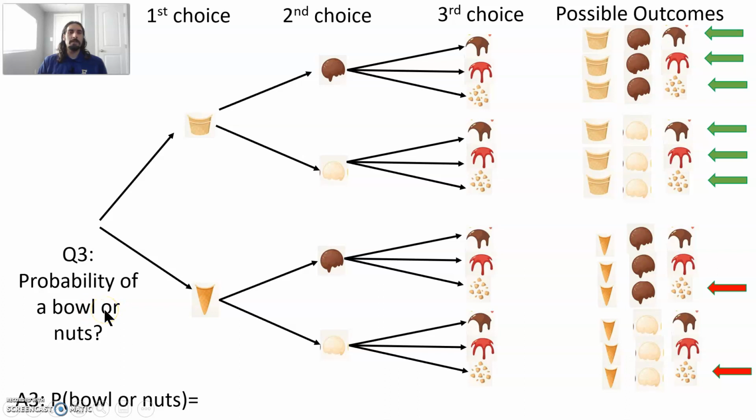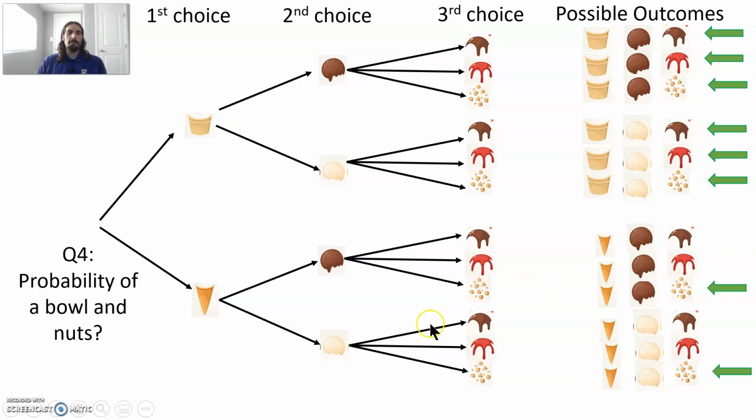The or statement means that only one part of it needs to be true. If I have a bowl, I count. If I have nuts, I count. As long as one condition is met, it counts towards what I want. So probability of bowl or nuts is going to be our total over here, which again is 8 over 12, or 0.667.